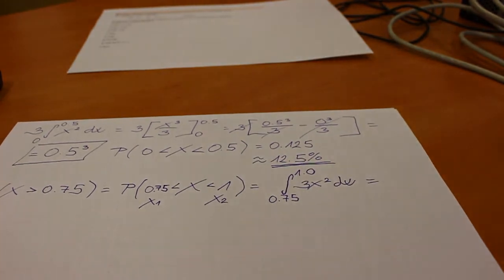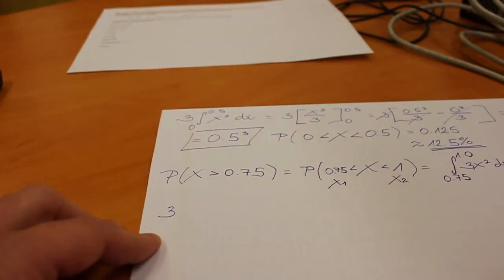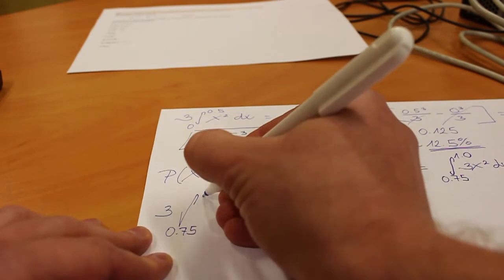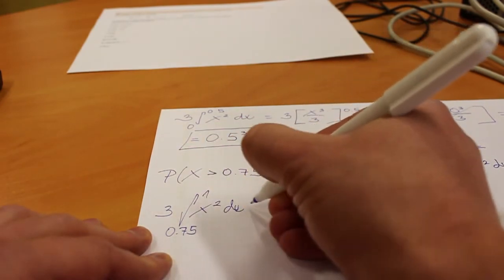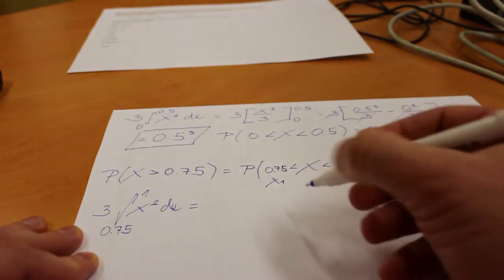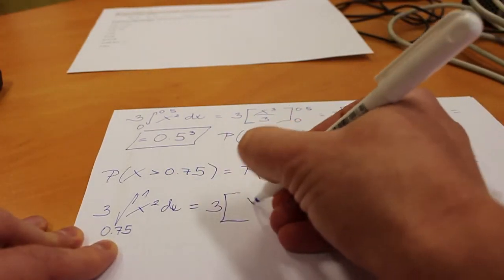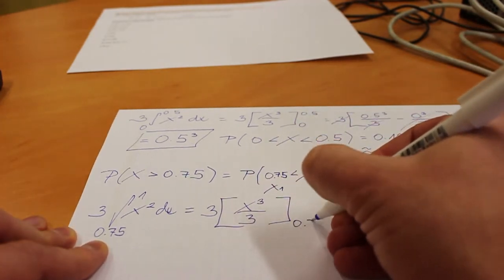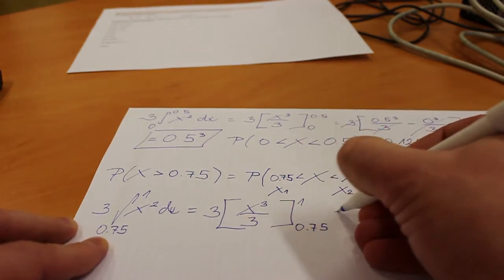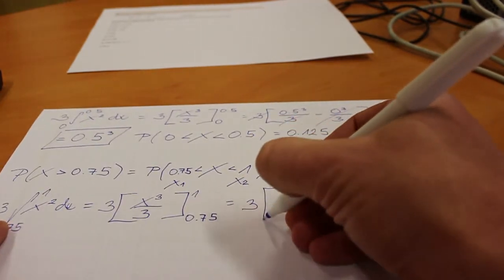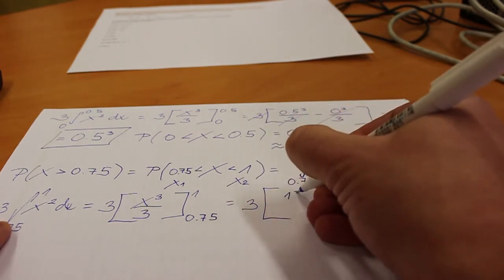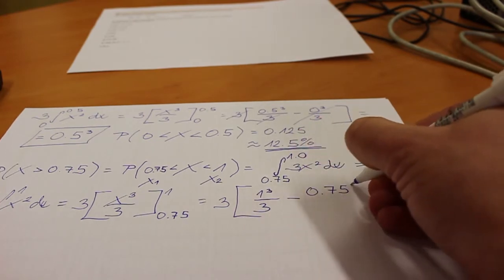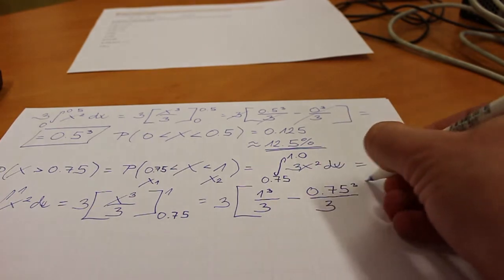Yes, so we can solve this. 3 is placed in front of the integral. Integral from 0.75 to 1 of x squared dx. This can already be integrated, so 3 times (x to the power of 3 divided by 3). Lower bound is 0.75 and upper bound is 1. Yes, and the difference is 1 to the power of 3 divided by 3 minus 0.75 to the power of 3 divided by 3.